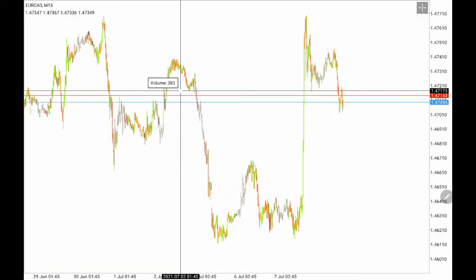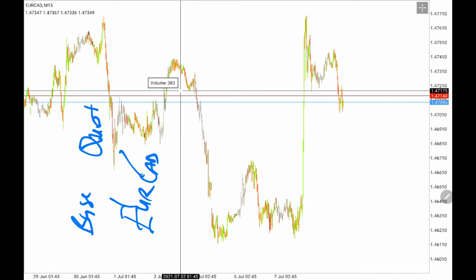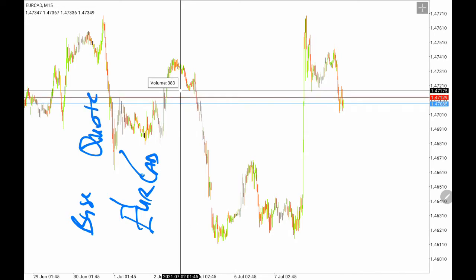Euro is called the base currency, CAD is called the quote currency. The first currency, like euro in euro CAD, is called the base currency. This is called the quote currency.